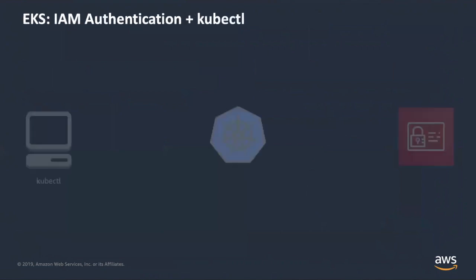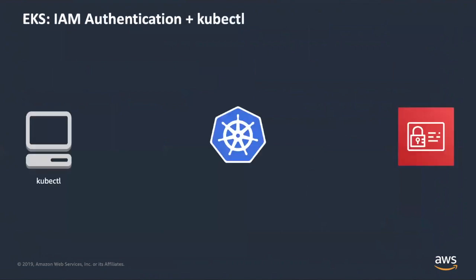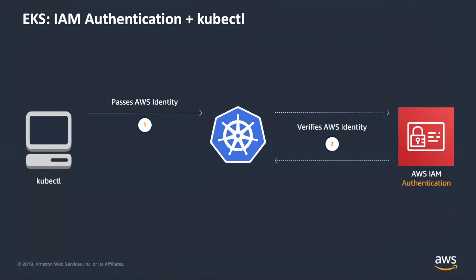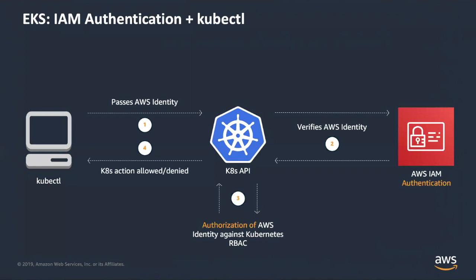What we've done with EKS is, when you run a kubectl call against your Kubernetes control plane, that passes your AWS identity, and EKS then verifies that against IAM to verify the genuineness of the identity, before also verifying against Kubernetes RBAC what permissions that identity has, before determining whether you're allowed to run your kubectl or not. So there's an integration on the back end there.